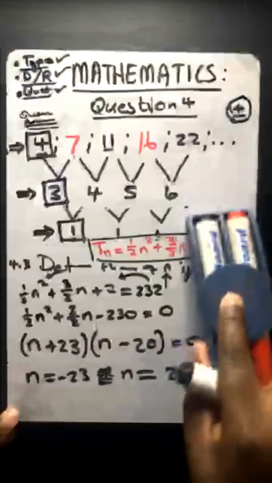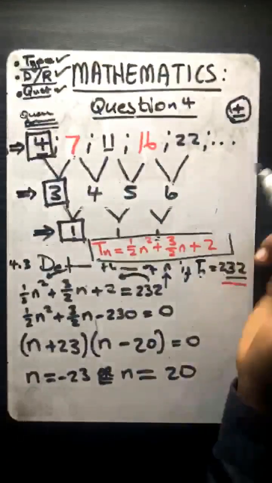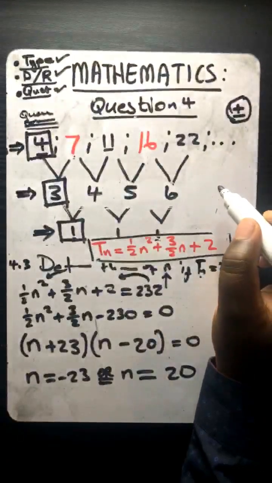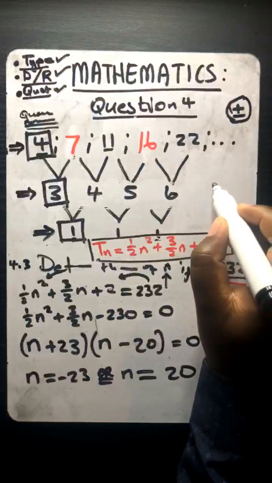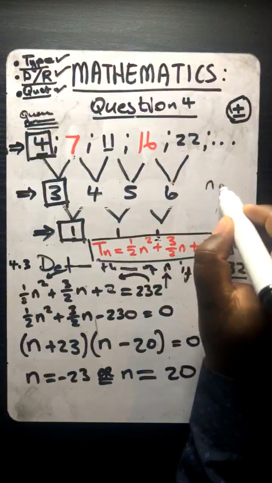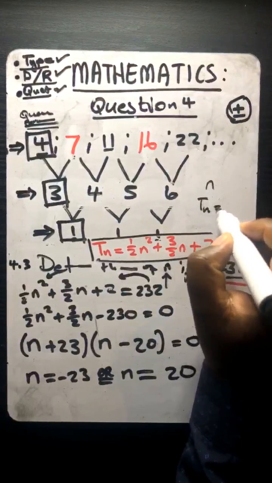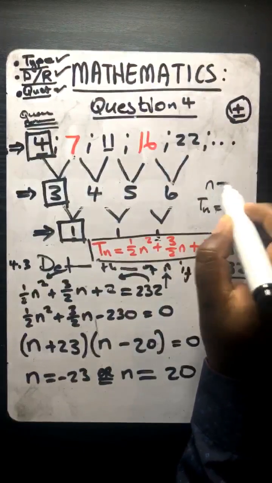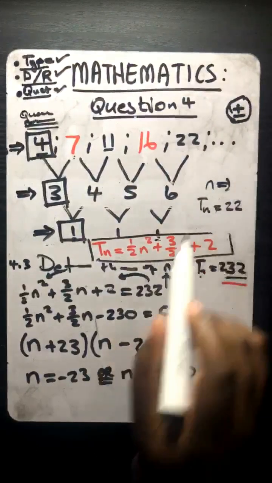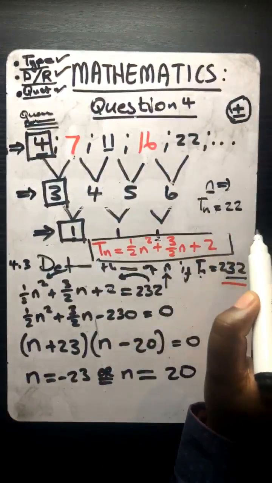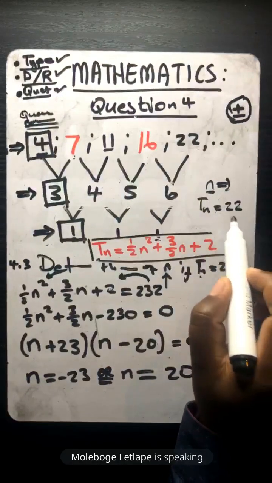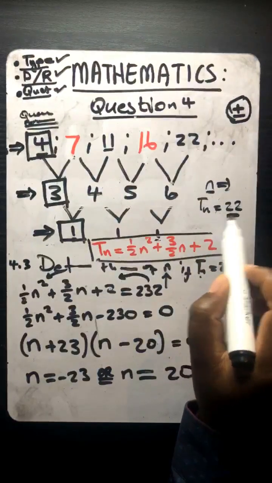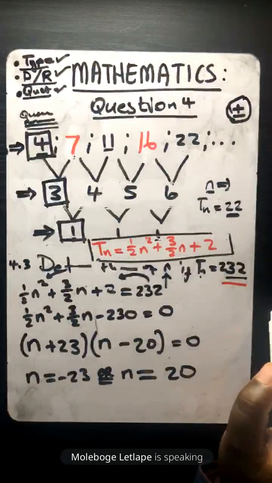So now a question says what is n whereby Tn is equals to 22? So it's more like they're asking what term number it is. Term 5, whereby the value is 22. It's term 5.